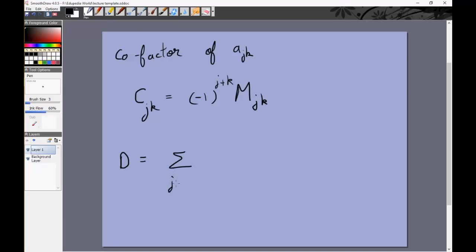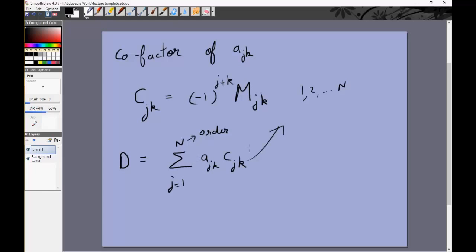And in terms of cofactors, the determinant is given as the summation of j equal to 1 to n, where n is the order of the determinant, of Ajk Cjk, where k could have any value. K could be 1 or 2, up to n, but k has a single value, right?